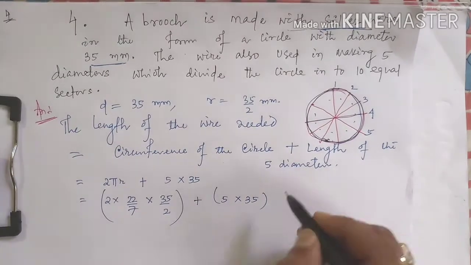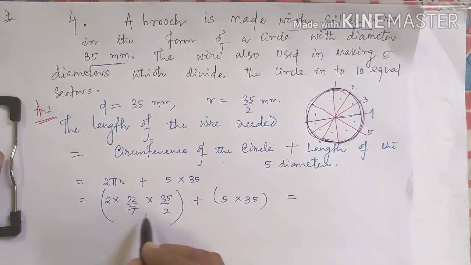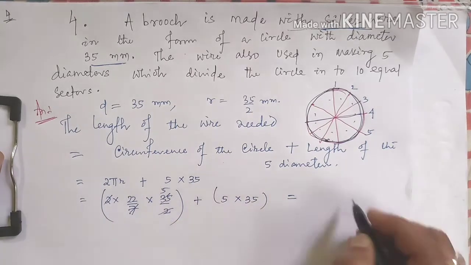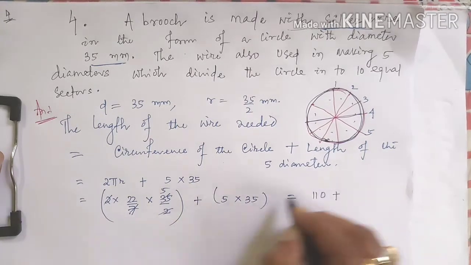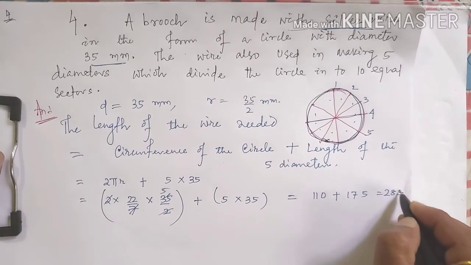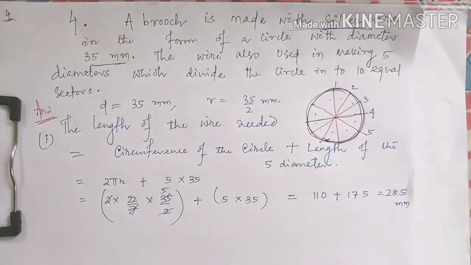Clear? So when you calculate here, it is 110 plus 175, it is 285 millimeter. This is the length of the silver wire required.